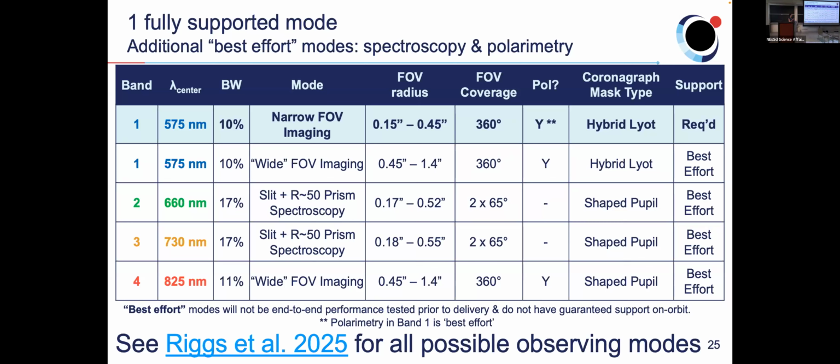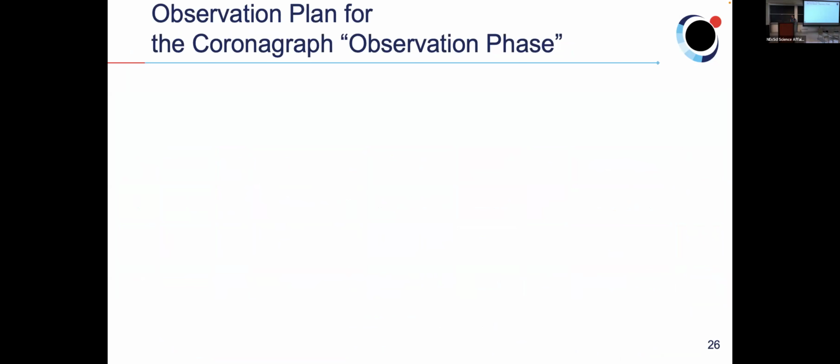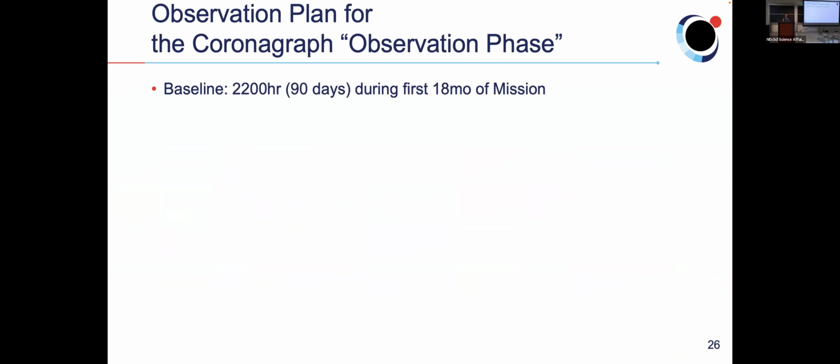We hope to be able to commission those reasonably early on in the mission, but we call them best effort, formally speaking. If you want to see more about the full list of hardware that's installed, all the possible filter coronagraph combinations, AJ Riggs has just written a paper in that JATIS special issue. And with that, again, our primary goal is to mature those technologies, but we're going to get 2,200 hours of telescope time to test them.